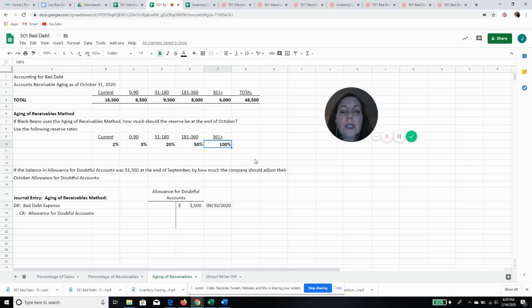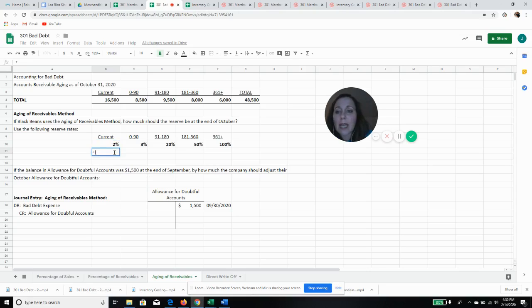The reason this is a little more accurate is because it takes into account how old our receivables are, and it weights them so that we are reserving a bigger percentage of older receivables and a smaller percentage of newer receivables. To calculate what our reserve should be, we multiply the reserve rate for that aging bucket, as we call these, by the amount that's in the bucket.